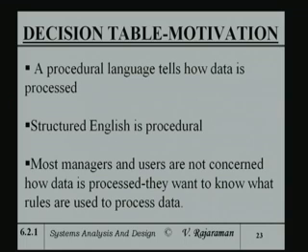decision tables are non-procedural. Most managers and users are not concerned how data is processed. They want to know what rules are used to process data. So, that is the important thing as far as the manager is concerned. Are you using the right rules? Are the rules interpreted correctly?